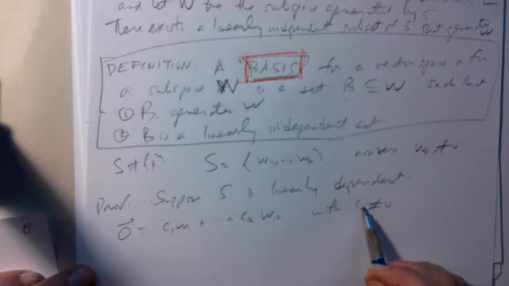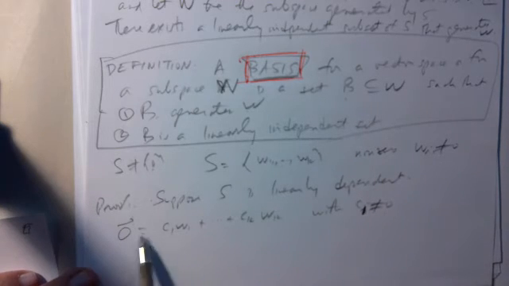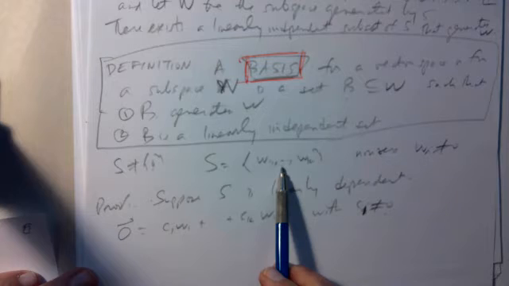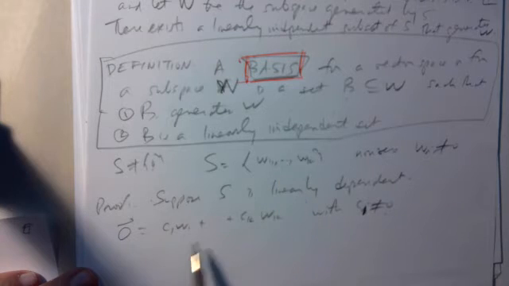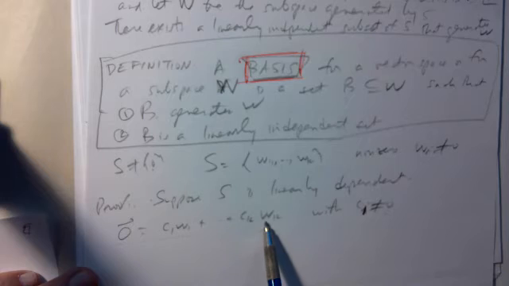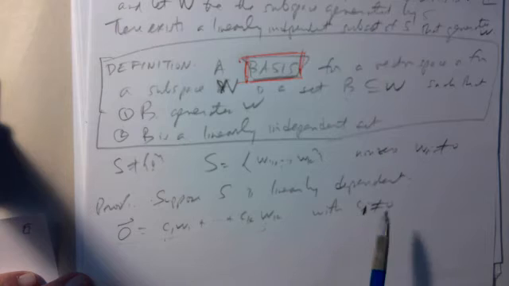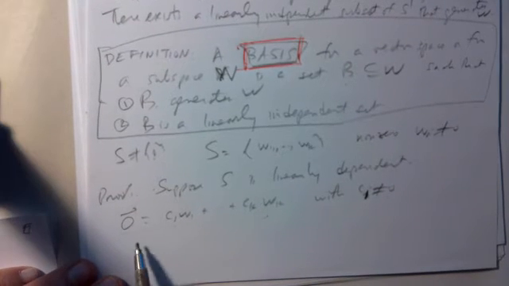Maybe just to make it clear, I'll say C1. So some linear combination of the vectors is zero, with coefficients C1 up to CK, and at least one of them is non-zero. So suppose C1 is non-zero.